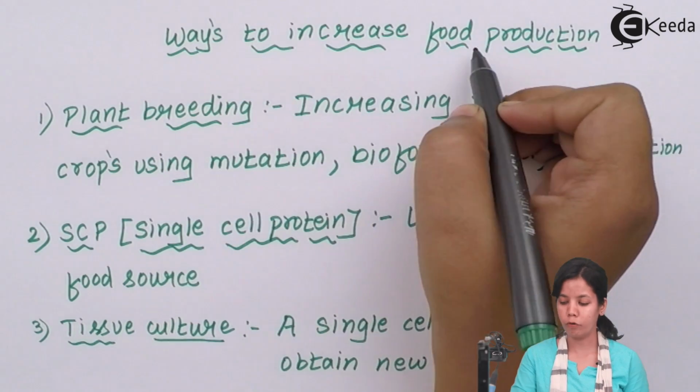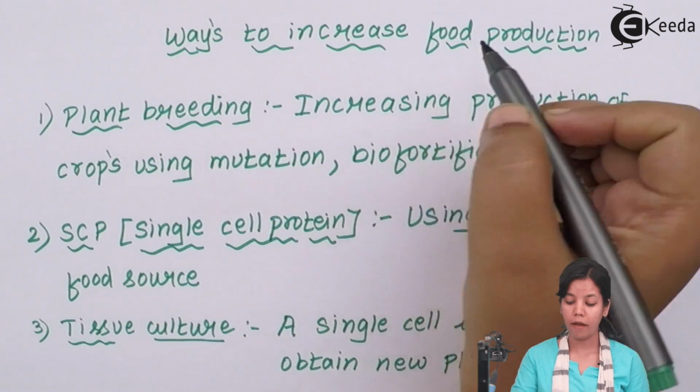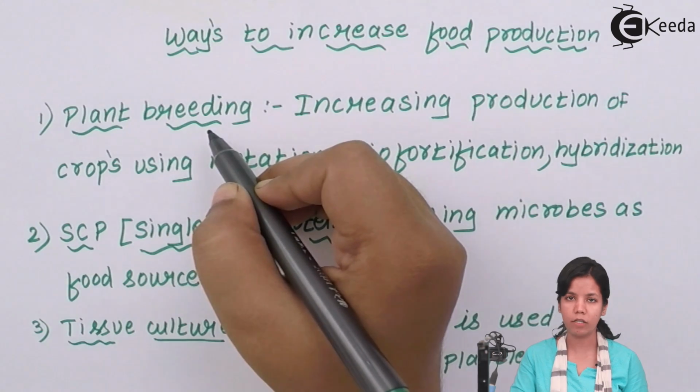Ways to increase food production. The three different ways were plant breeding, SCP, and tissue culture.